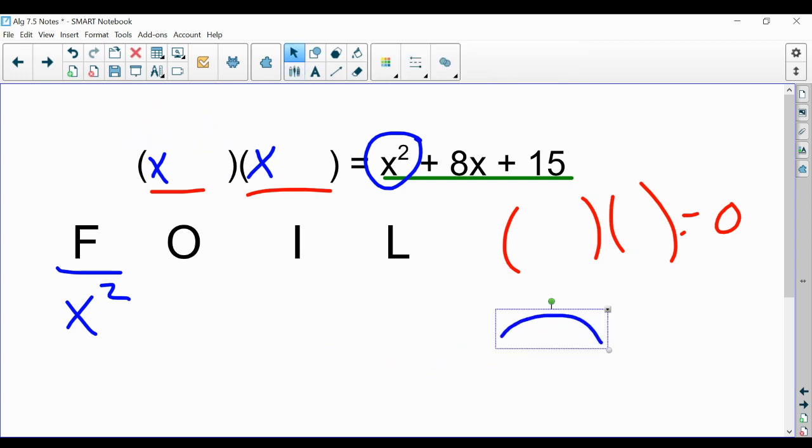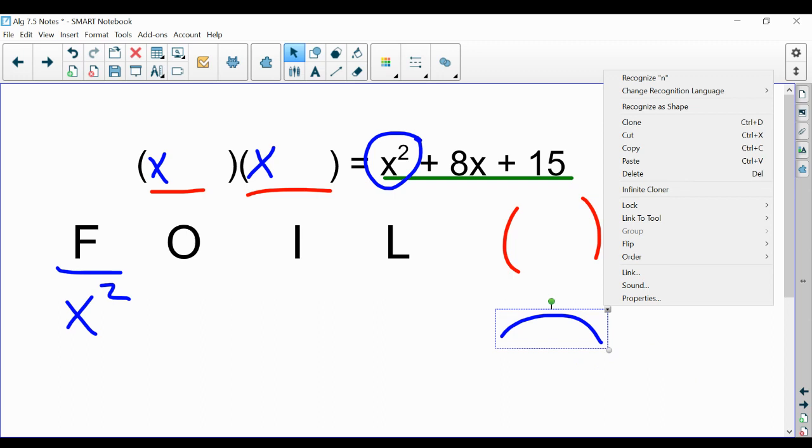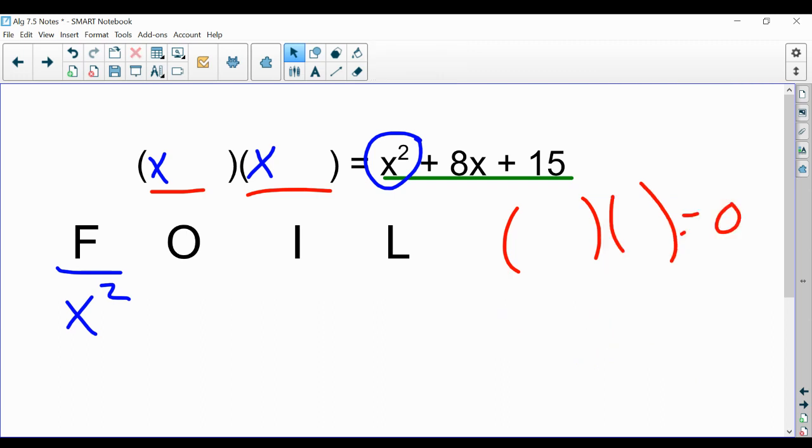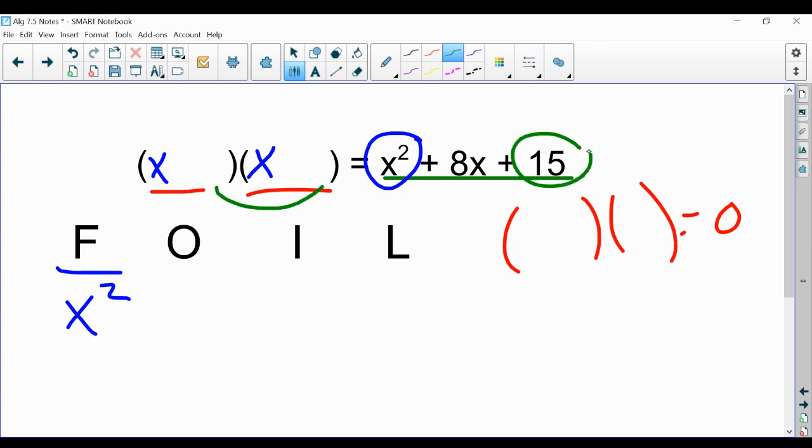Okay. Now, how about our last terms? What are our last terms going to multiply together to be? Our last terms are going to multiply together to get 15. So we should start thinking about numbers that multiply together to get 15. It could be 1 and 15 or 3 and 5.